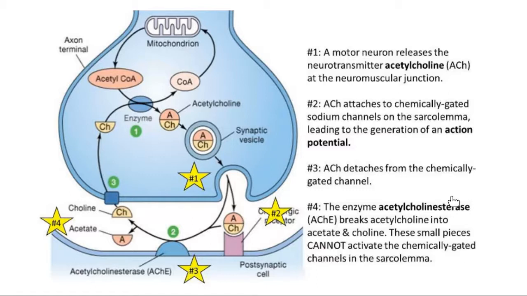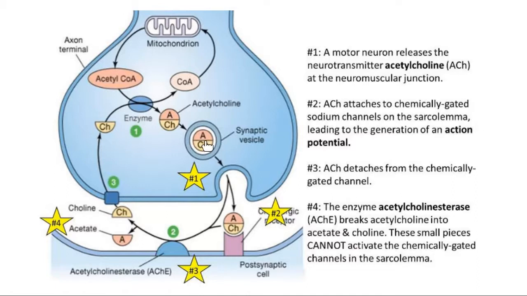This picture shows what normally happens in the body when you've sent a message for a muscle to contract and then we're done. So here's my neuron up here at the top. Here's my muscle cell down here at the bottom. The neuron has acetylcholine. That's my neurotransmitter.